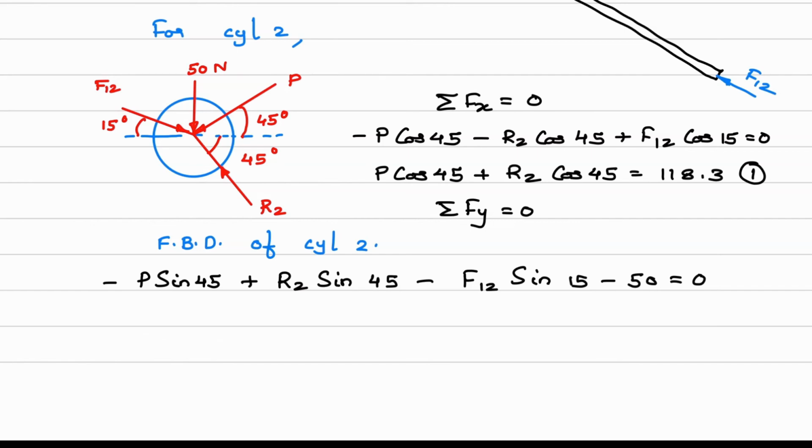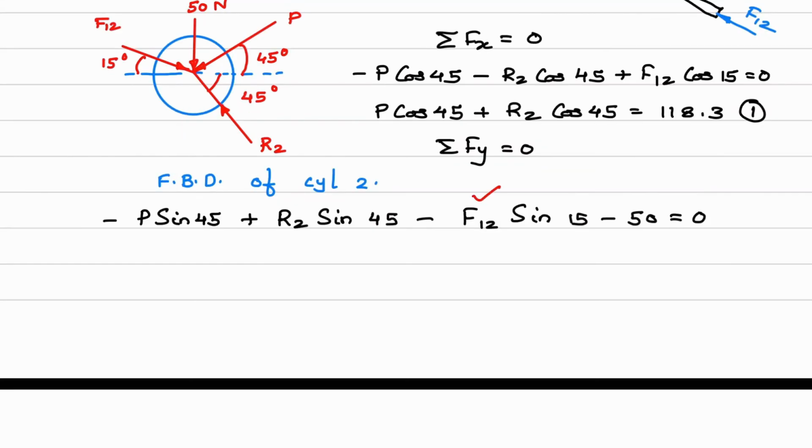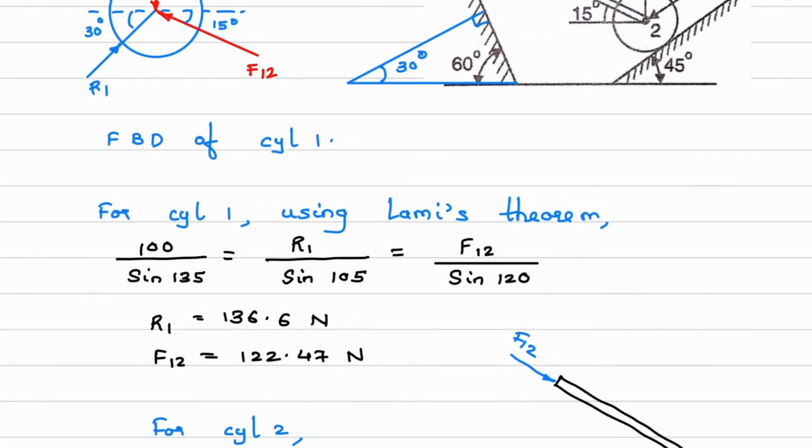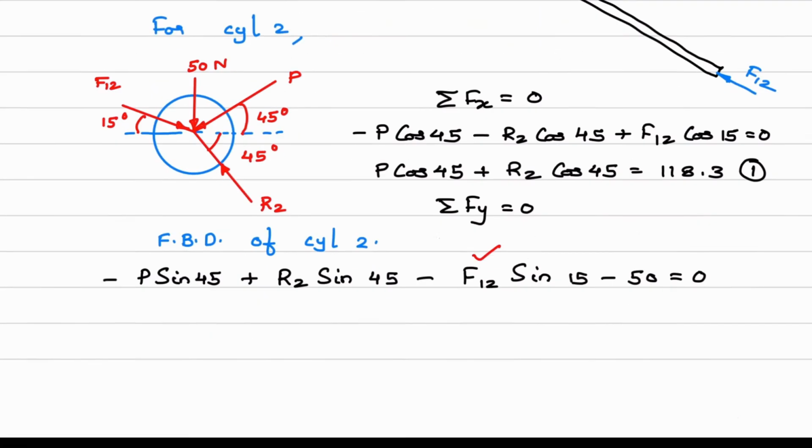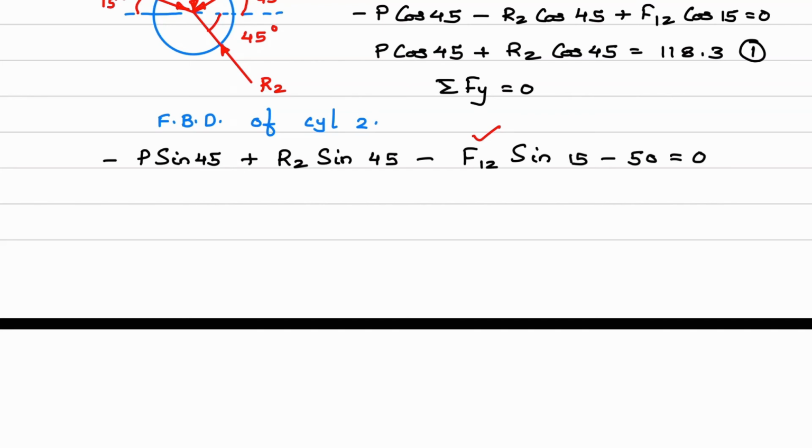Okay, so if you substitute the values over here, we have value of F1 to 2. What is this value? F1 to 2 we have written over here. So this value we know, we can substitute that value. So we'll get one more equation here. So that equation is minus P sine 45 plus R2 sine 45 is equal to 81.69. This is equation number 2.